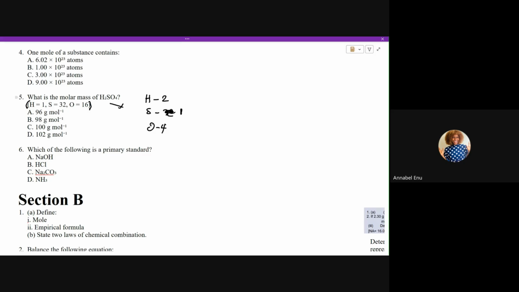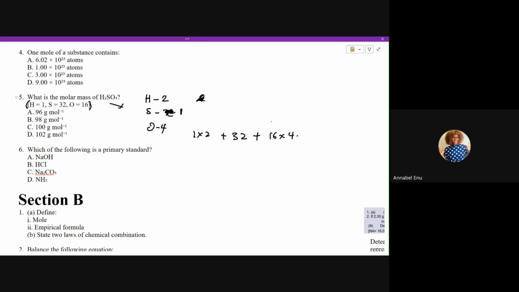So to solve something like this, for hydrogen we have 1 times 2, plus SO4, which is 32 plus 16 times 4.